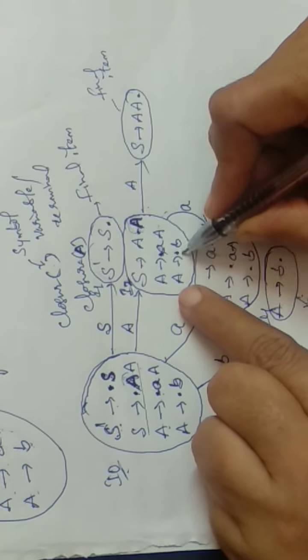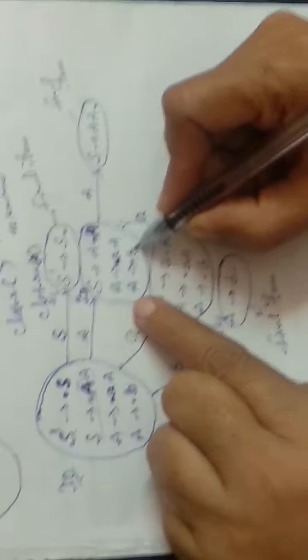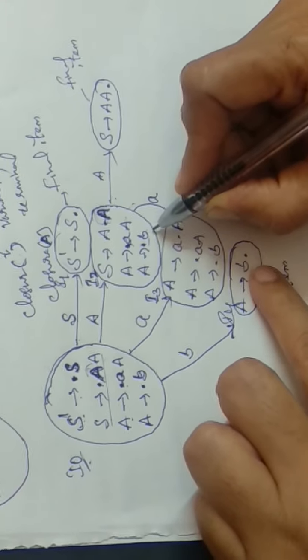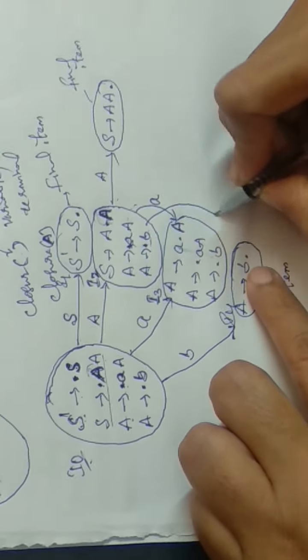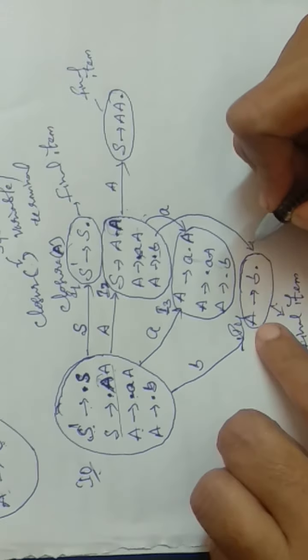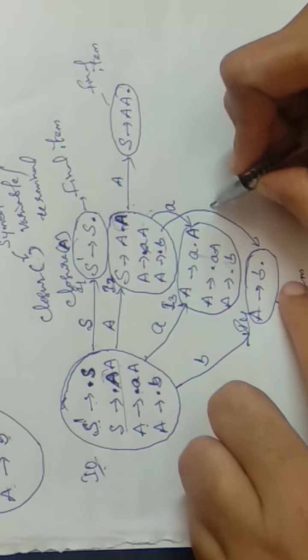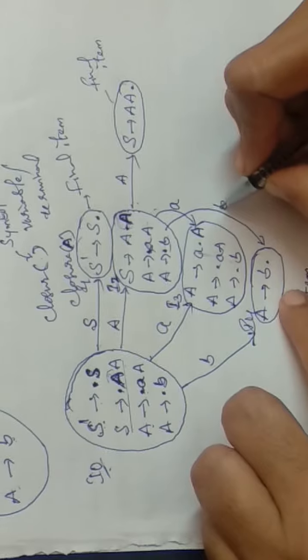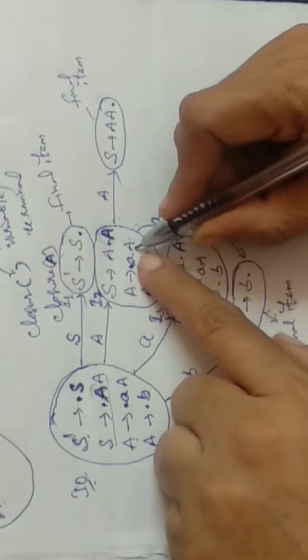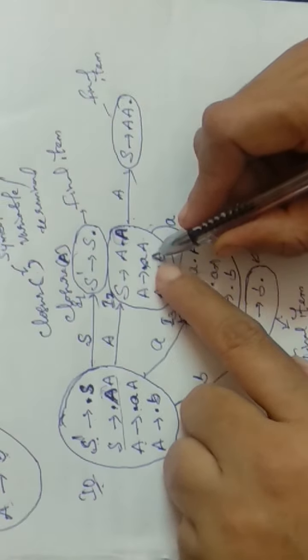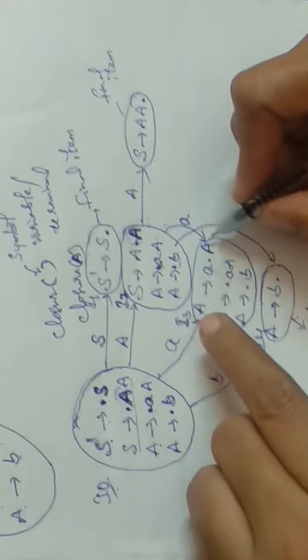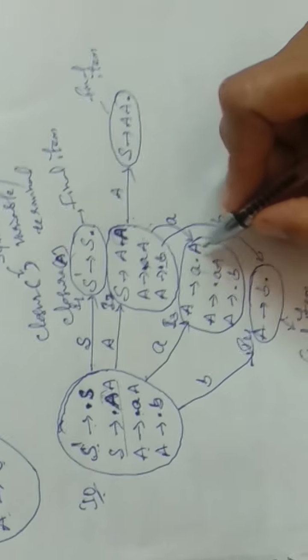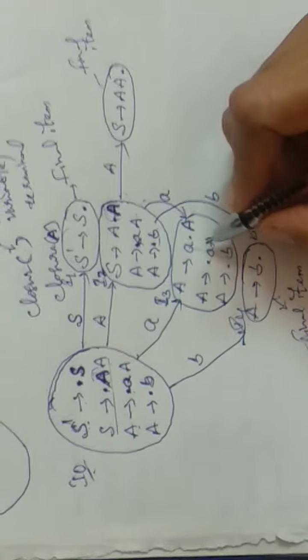Similarly, after reading the input symbol B from this, it is going to produce the same production which is present in the state I4, so I can give it to I4 on input symbol B. On input symbol A from the state I2, there is a terminal A, and it moves to the state I3.